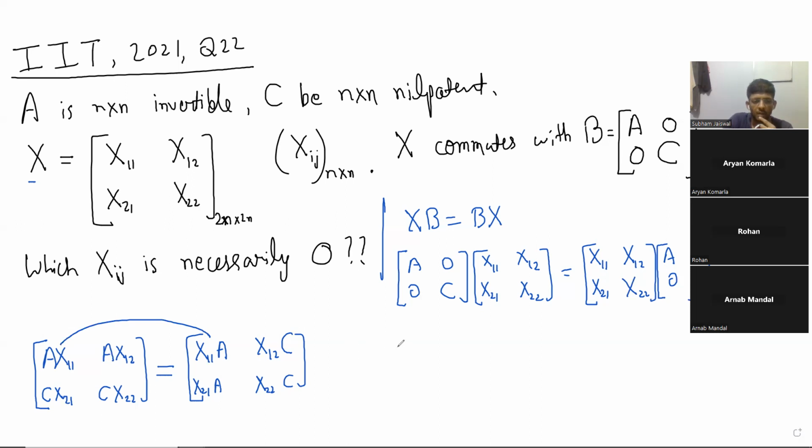Yeah. Okay. A and C are scalar multiples of the identity matrix. Why?